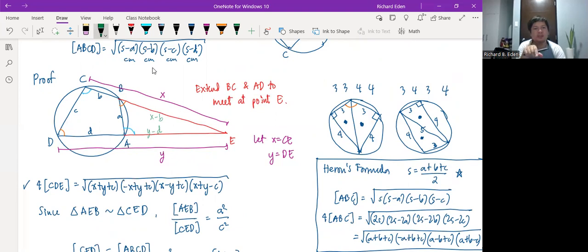X minus B times X equals, from the figure, the secant theorem. So X minus B times X equals Y minus D times Y.